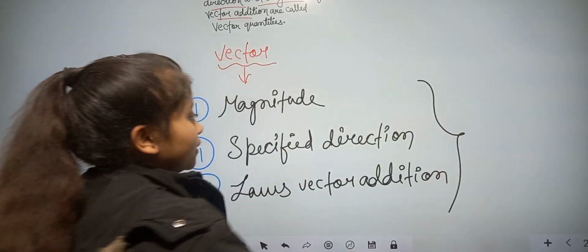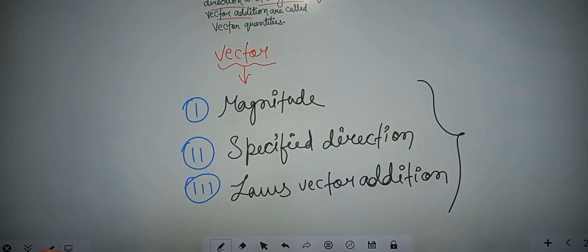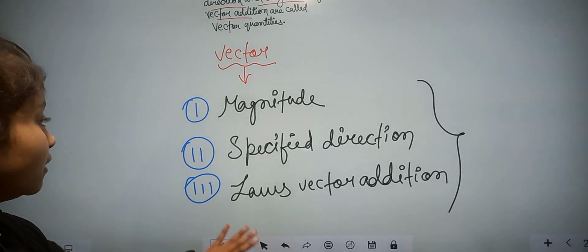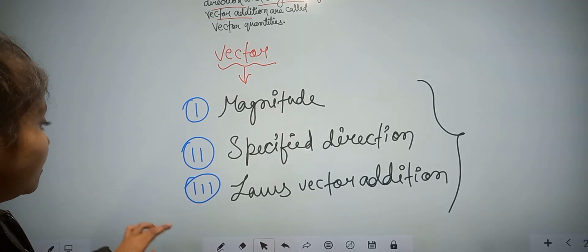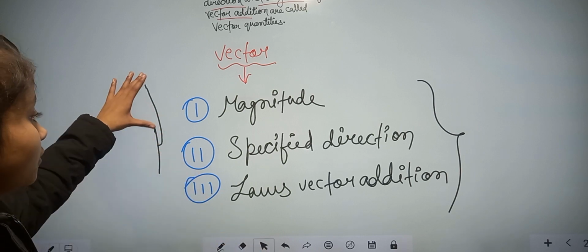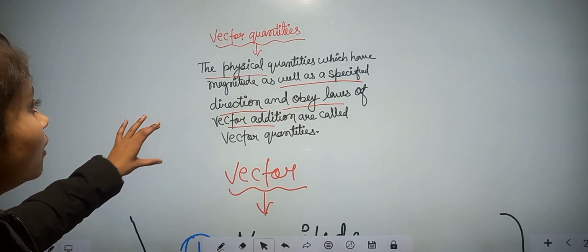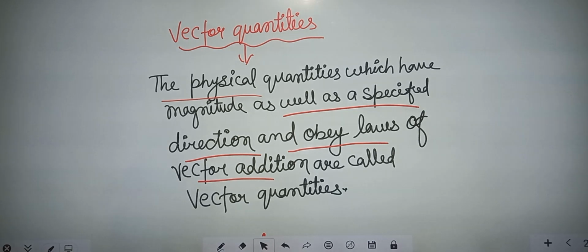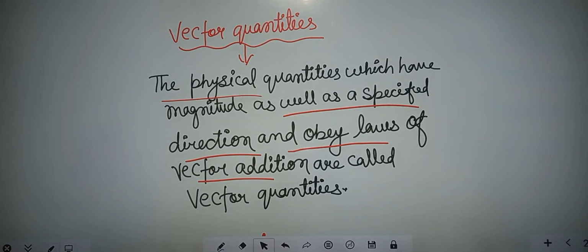So in the vector there are three terms like magnitude, specified direction, and laws of vector addition. It means if these three terms are present, then the quantity is called a vector quantity, okay. So the physical quantities which have magnitude, specified direction, and obey laws of vector addition are called vector quantity, okay.